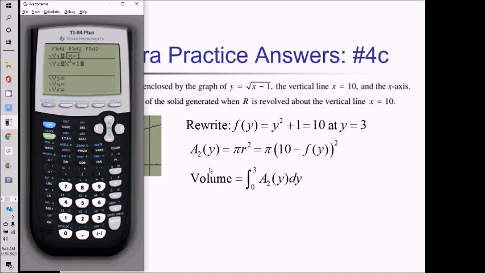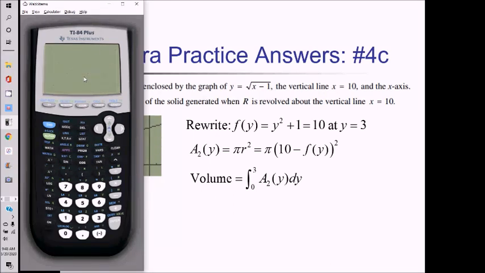Next, I'm going to build my A sub 2 function based off of that. So I'm going to write that in Y3. That's going to be pi times, open a parenthesis, 10 minus f of y, so that's going to be alpha trace Y2, because that's where I stored f of y, albeit with x's. And then that whole thing needs to be squared. So this Y3 now is my A sub 2 of y function.